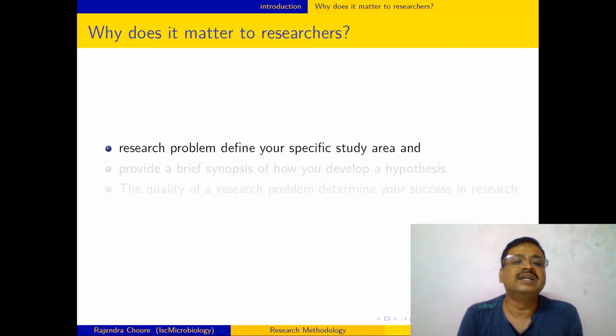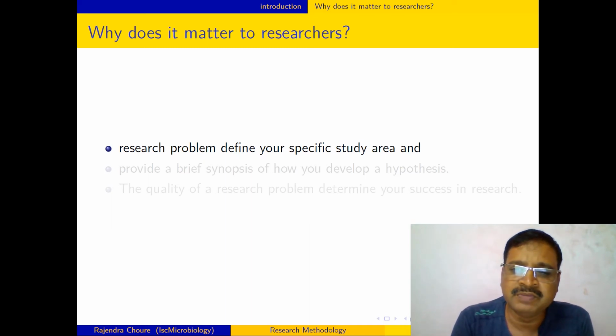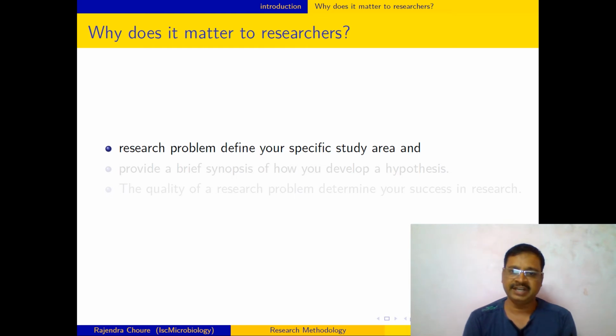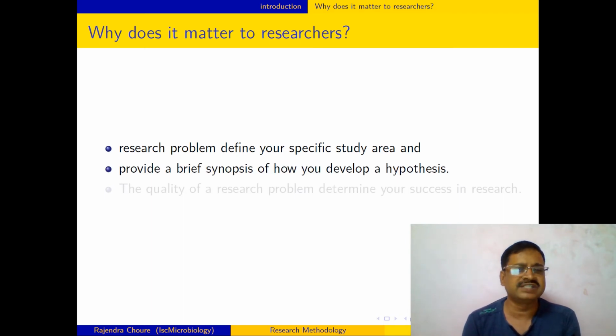And why does defining a research problem matter to researchers? A research problem defines your specific study area. It limits the specific study area, and this will be a recurring theme throughout this session, that the research problem defines our specific study area. It provides a brief synopsis of how you develop a hypothesis.